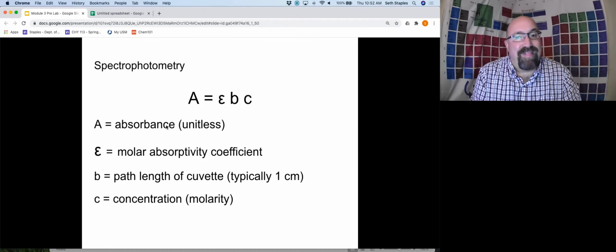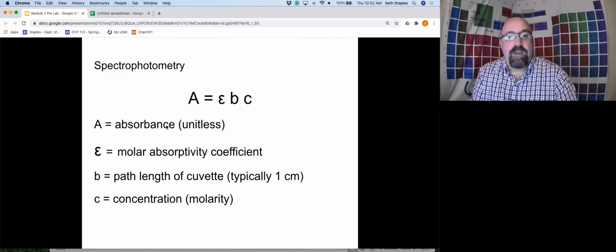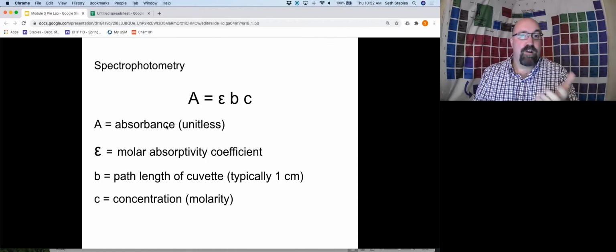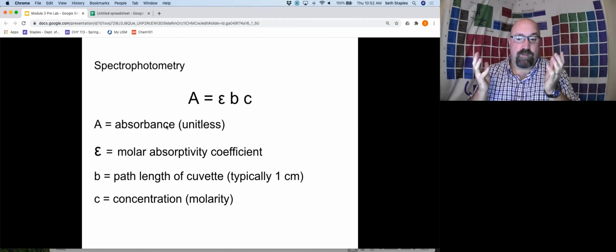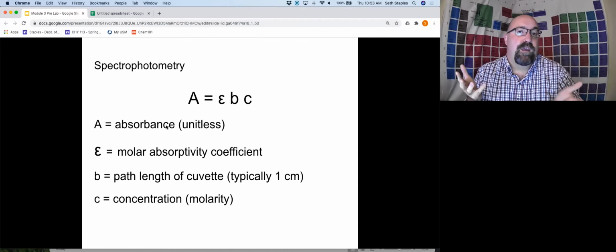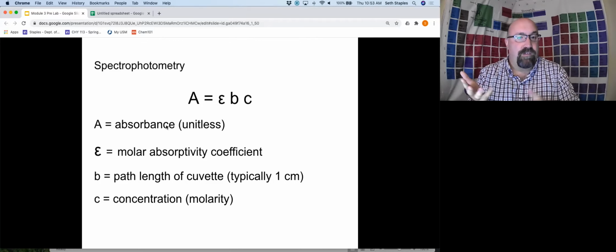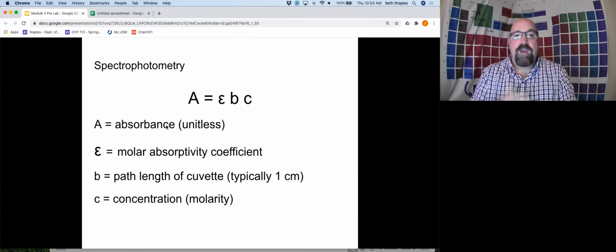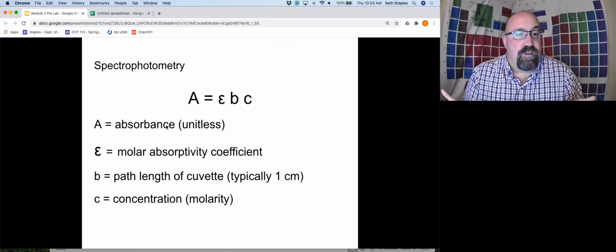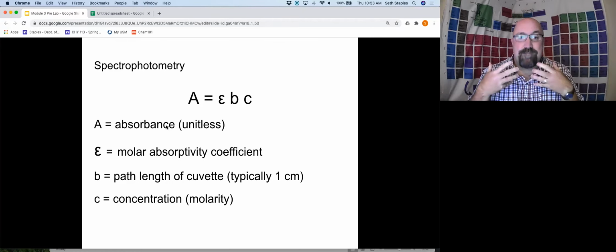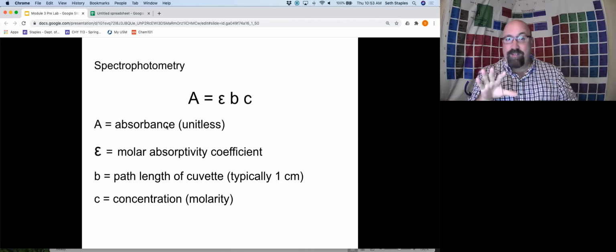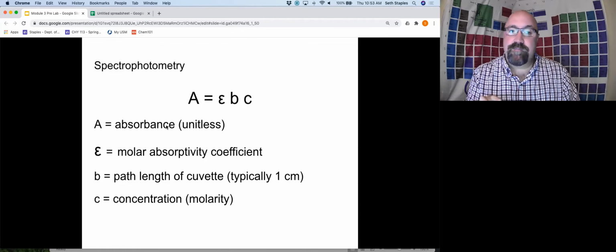B is the path length of the cuvette, and that is typically 1 centimeter. So it's set usually at 1 centimeter. The cuvettes typically are 1 centimeter, partly just to make this calculation easy. And so being 1, it really doesn't end up factoring into the math of this calculation of Beer's law. C is our concentration, and typically in units of molarity when we're working directly with the Beer's law equation itself.